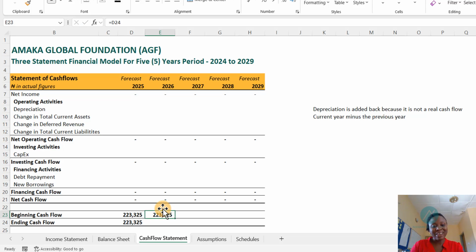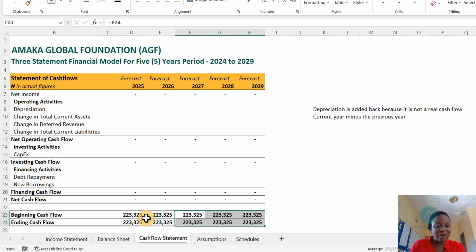This is one of the key areas I want you to get very well. So you now copy the formula here, Control C and Control V, right? You notice nothing is happening, so we're still having the same closing balance and opening balance.